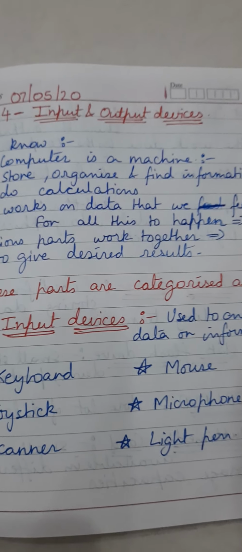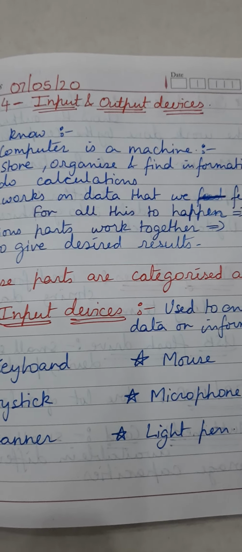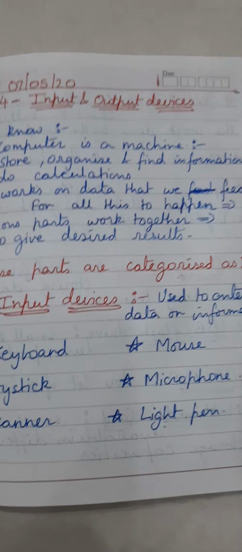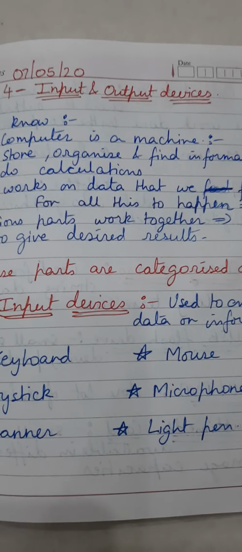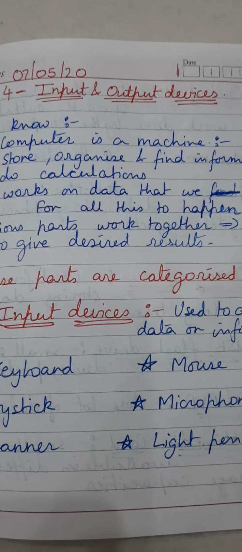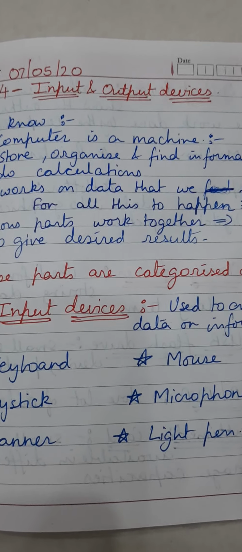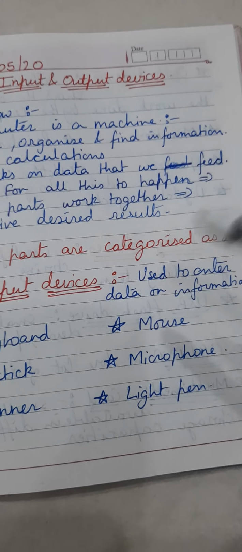If we eat good, healthy food, it will be beneficial for us. And if we eat bad food or more junk food, like more pizza, more pasta, it will give you problems. Same way, input devices are used for entering data or information in the computer.